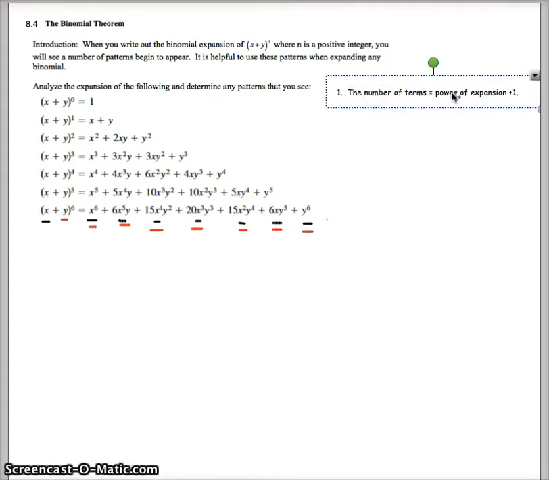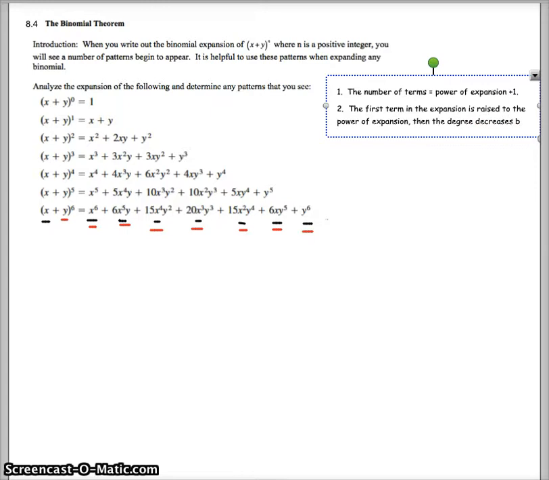So we can say that the first term in the expansion is raised to the power of expansion, then the degree decreases by 1 for each consecutive term.